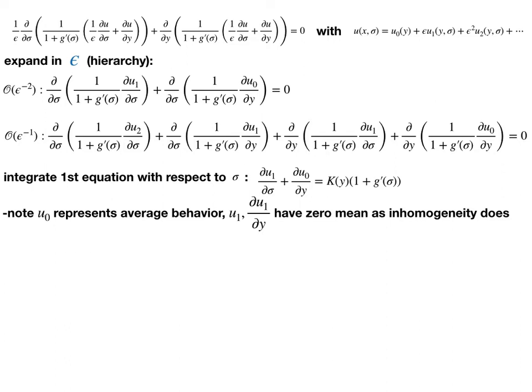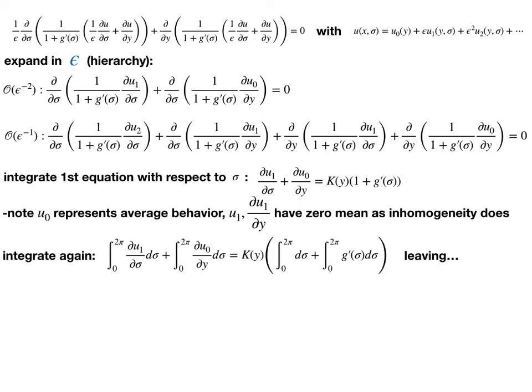So if we integrate that above equation over the period of the inhomogeneity, okay, then du1 d sigma should integrate to 0 because it has 0 mean. Du0 dy will not because it's not necessarily 0 mean over the period of the microstructure.